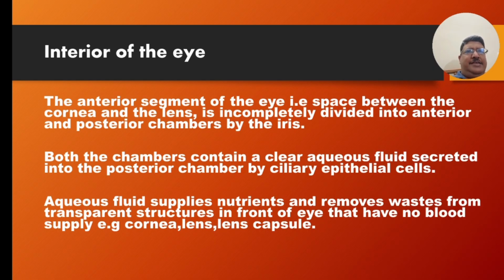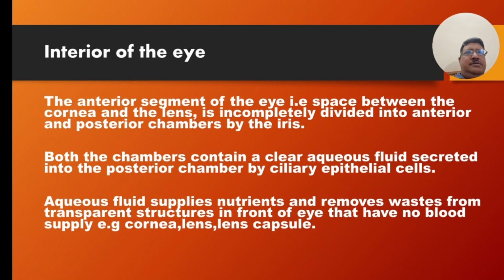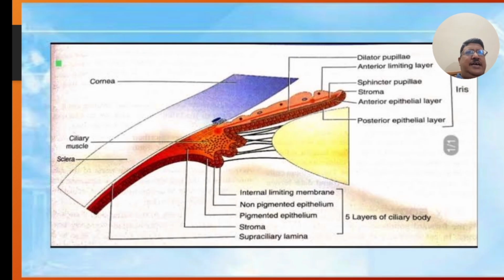Aqueous fluid supplies nutrients and removes waste from transparent structures in front of the eye that have no blood supply, for example the cornea and lens capsule. So this is the structure of the anterior and posterior areas of the eye.